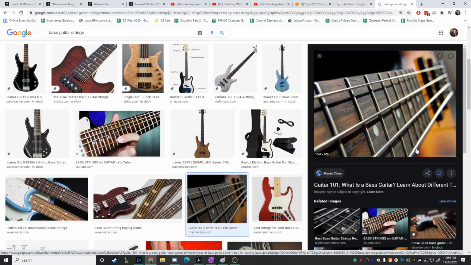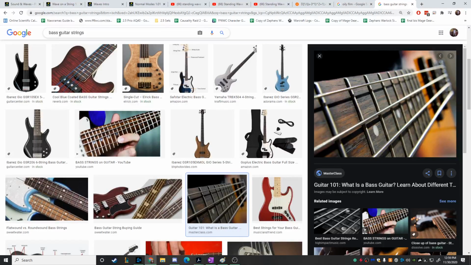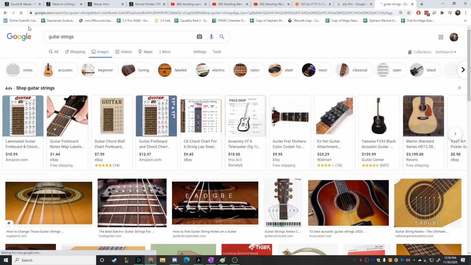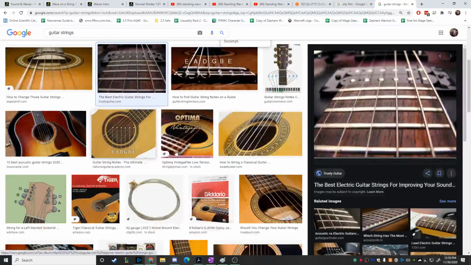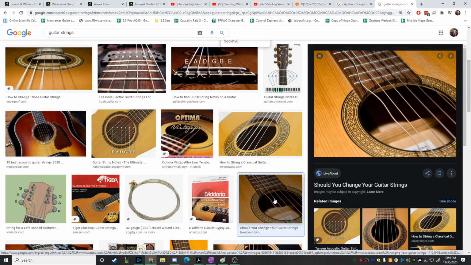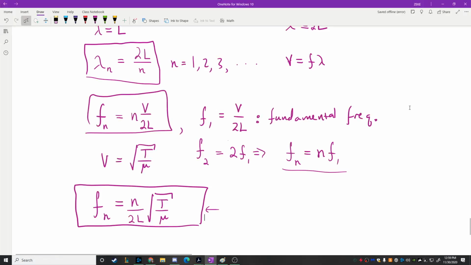Especially this one, that's a really beefy string. Whereas guitar strings can be really skinny, right? If you just go to regular guitar strings, here we go. They do get thicker on the edge because they have to, but you get these really, really skinny ones here as well.